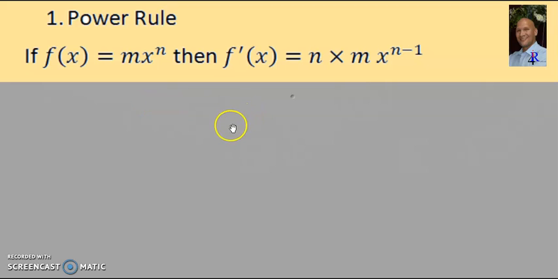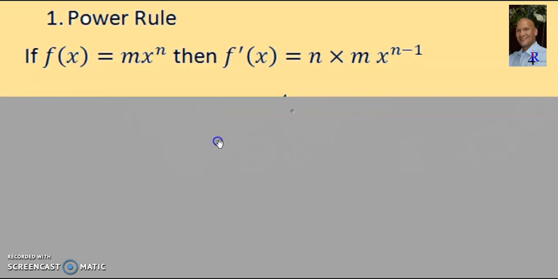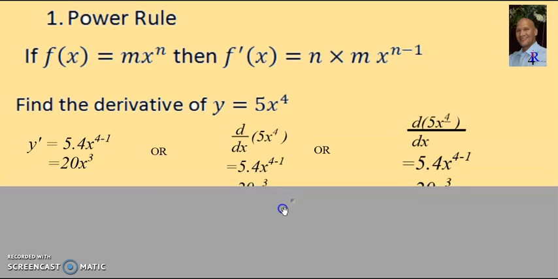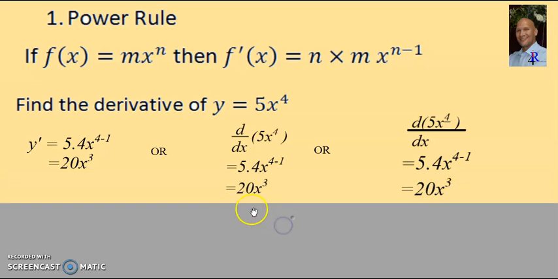So let's look at a few examples and some do's and some don'ts as to how to use the power rule. If they tell me find the derivative of y is equal to 5x to the power of 4, there's different ways I can do it. But allow me to say I don't change the format.